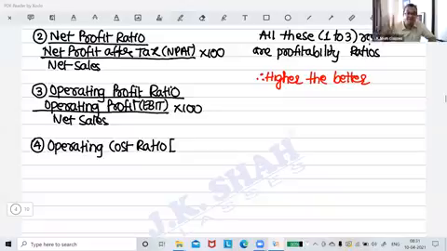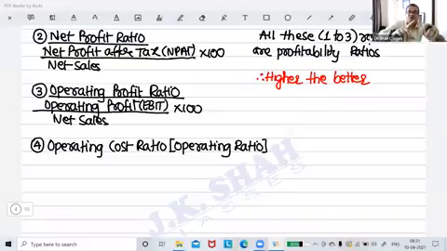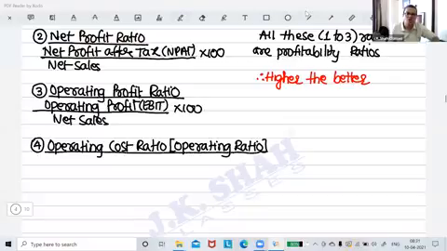Pay attention, guys. People generally misjudge the wordings and don't read them carefully. Operating profit ratio is different and operating ratio is different, so be careful about this.